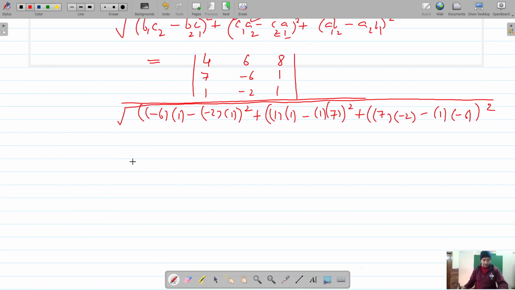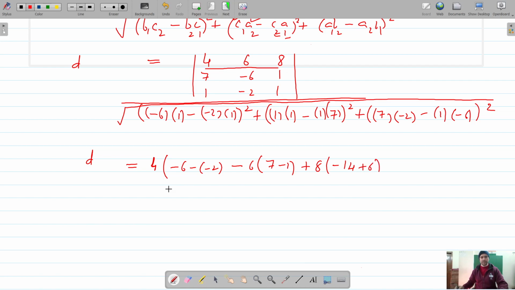Okay, so let's try to evaluate this. This will give us the shortest distance between these two lines. Expanding along the first row: 4 into minus 6 minus of minus 2, then negative 6 into 7 minus 1, plus 8 into minus 14 minus of minus 6, which is plus 6.